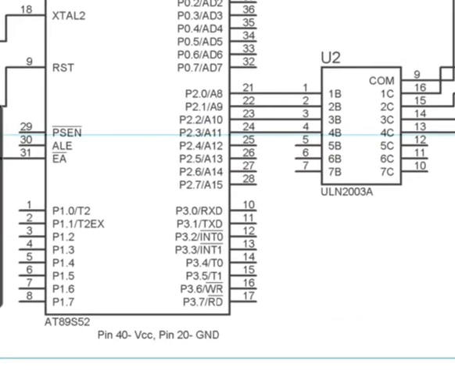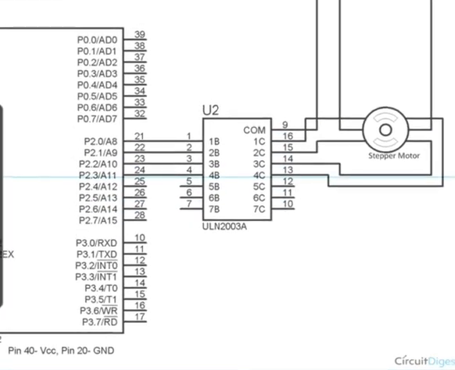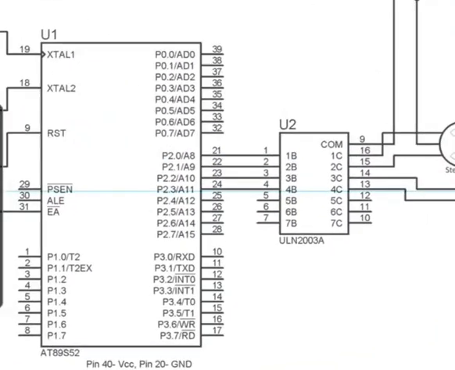The port 2 pins of 8051 are connected to the stepper motor through ULN2003A. Pin number 20 is ground and pin number 40 is VCC of the controller.